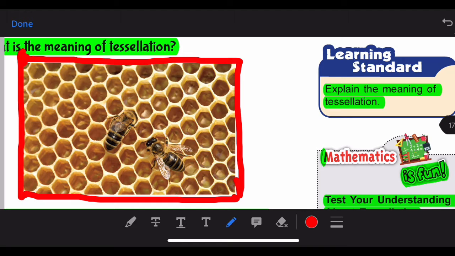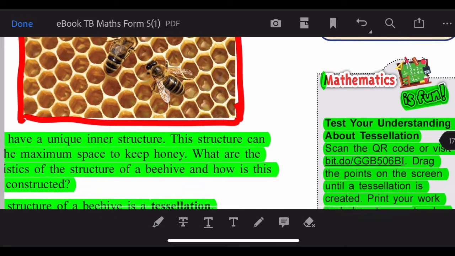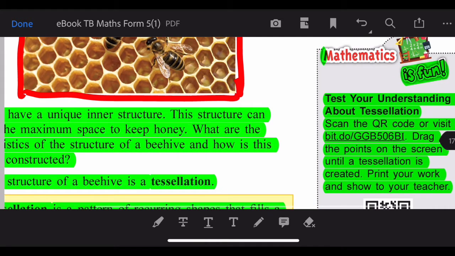Now in mathematics, we have this new subtopic for the Form 5 KSSM syllabus. Mathematics is really fun, right? Okay, let's go through.